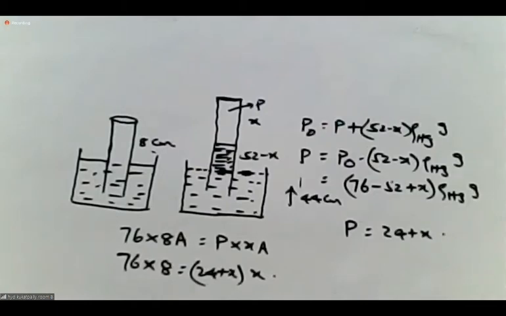When you increase the volume of the air inside, what happens? Pressure decreases. So when the air pressure decreases, the outside mercury is forced to go in. So it will go up.